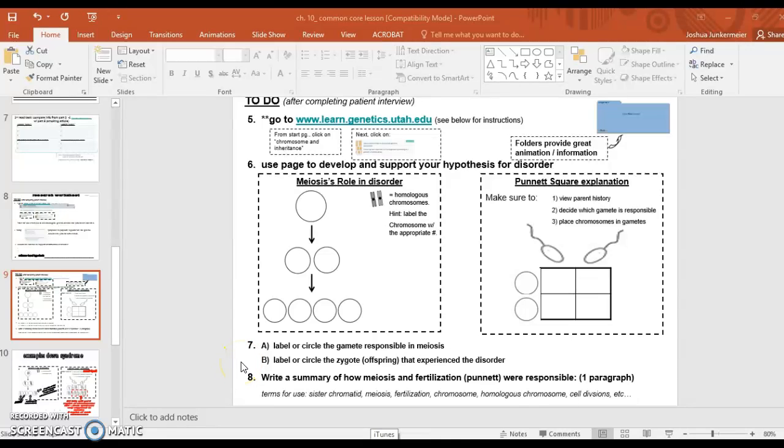All right, this is day 2 of your Chapter 10 research project. And for day 2, you should have already identified the chromosome syndrome you think your patient suffers from or lives with. Your next job is to try to better understand what caused this syndrome.